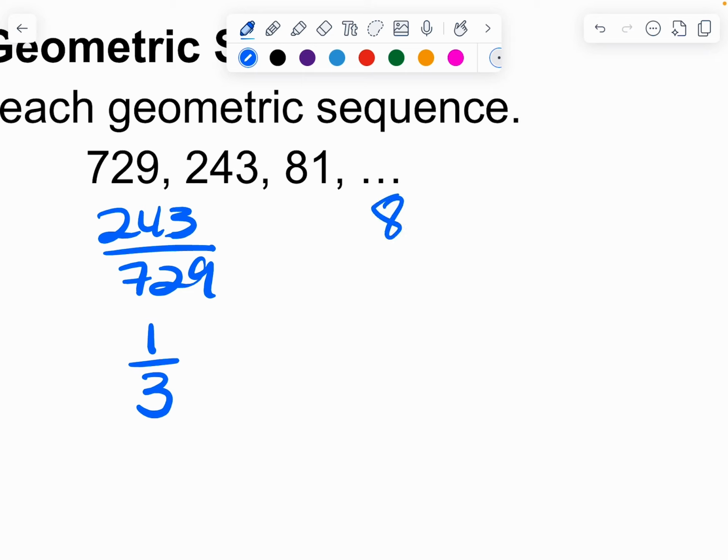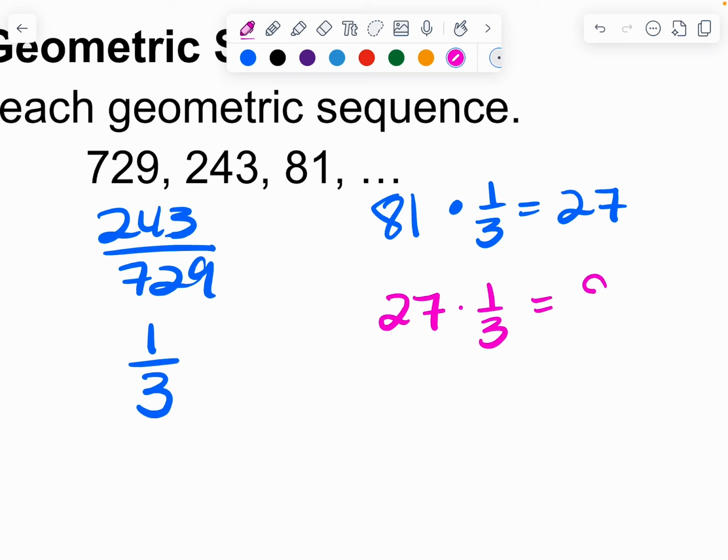So I'm going to take 81 and multiply it by 1/3, and I'm going to get 27. Then I take 27 and multiply it by 1/3, and I'm going to get 9. And then I take 9 and multiply it by 1/3, and I'm going to get 3.